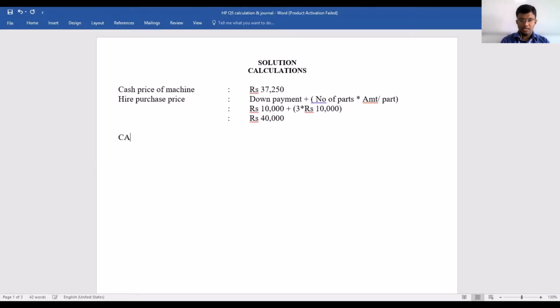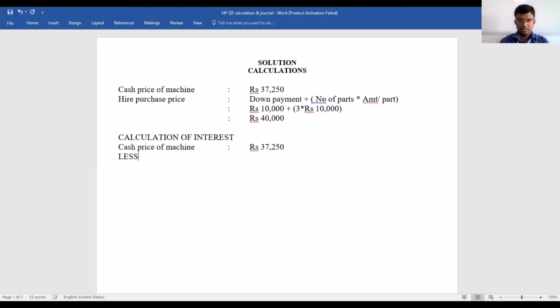Now let's calculate the interest. For our interest calculation, we will be starting off with the cash price of the machine. Cash price of machine is rupees 37,250.